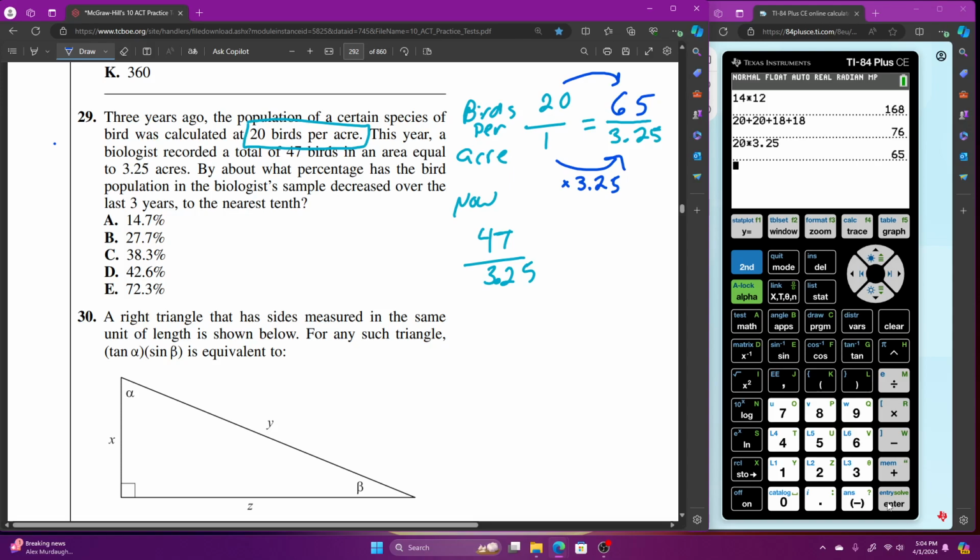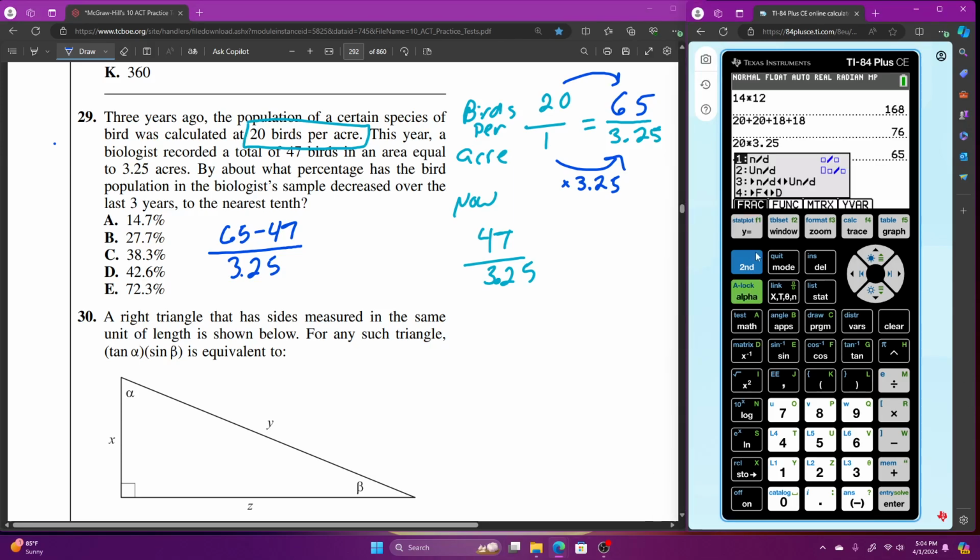So how much did it decrease? It decreased by 65 birds minus 47 birds per 3.25 acres. And I can just put that all in together. Alpha y equals option 1, 65 minus 47 over 3.25 acres.